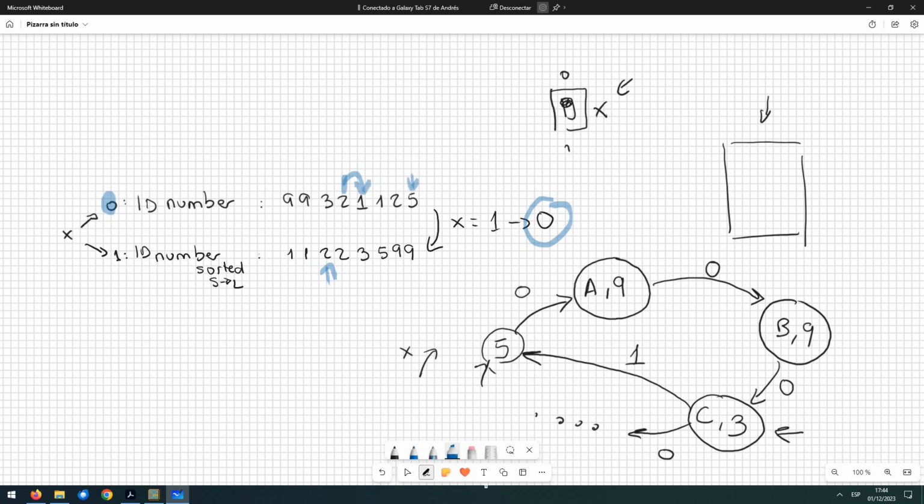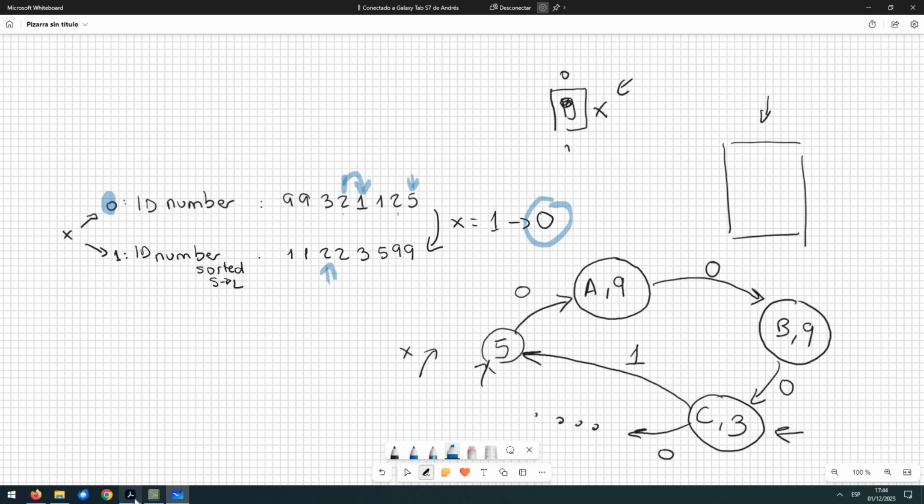Okay, so you have to distinguish the states, even if the output is the same. Okay, as I say, it's easier to see when you start designing the exercise than here with these examples. Just keep it in mind and ask me if you don't see it clear.